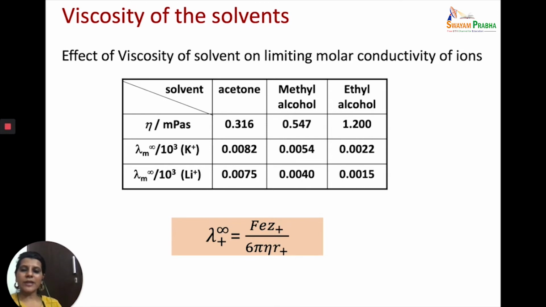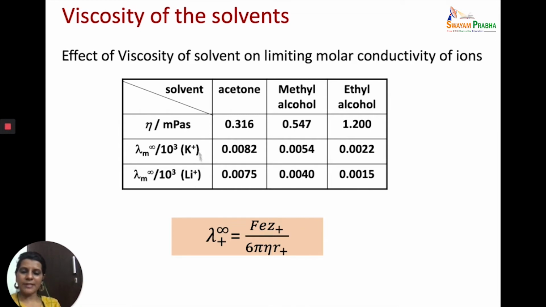Now let's look at the effect of the viscosity of the solvents on the molar conductivity values of various ions. In this table, we are given three solvents: acetone, methyl alcohol, ethyl alcohol, and the values of viscosity are given: 0.316, 0.547, 1.2 in millipascal second. Now, just see the values of K plus and Li plus in these solvents.